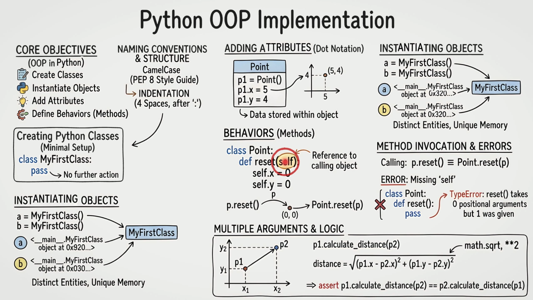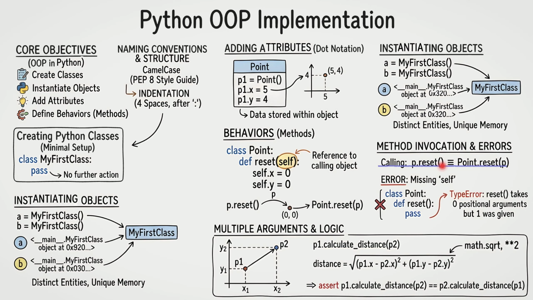It's a reference back to the specific object calling the method, so Python knows exactly whose x and y coordinates to update to 0. Internally, calling p.reset is exactly the same as explicitly calling Point.reset and passing p as the argument. Python just handles passing the object for you.